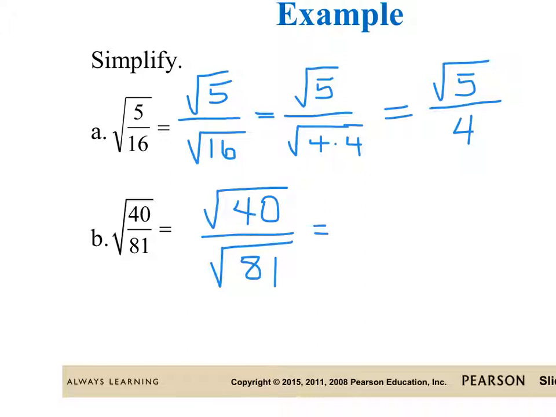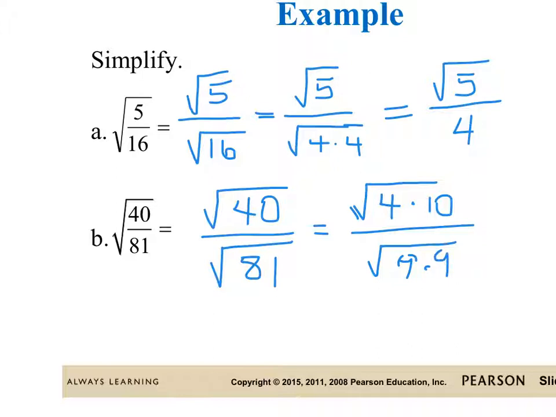And since 40 is 4 times 10, and 81 is 9 times 9, then the square root of 81 is 9. And since we can take the square root of 4 and get 2, in the numerator we'll have 2 on the square root of 10.